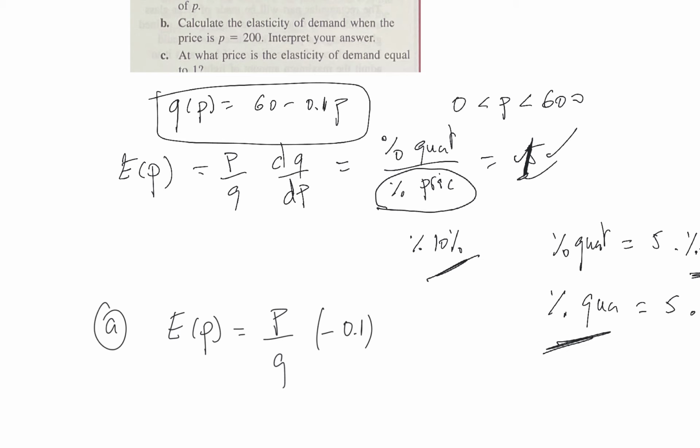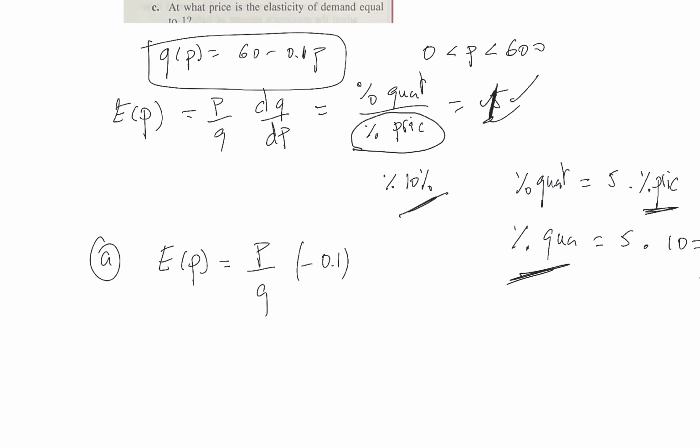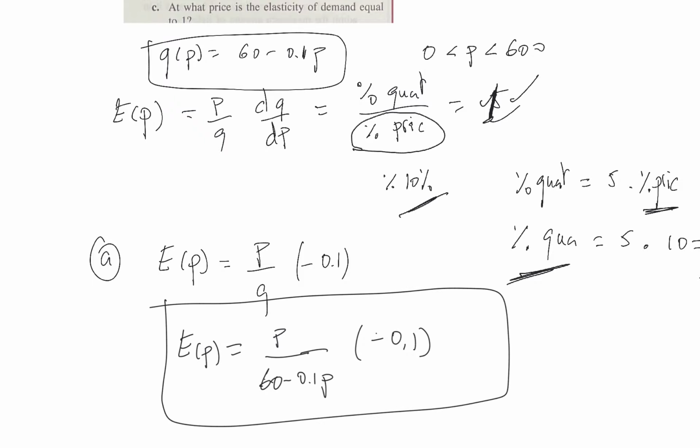But remember, in economics they always talk about the absolute value of E of P. So to give you a better expression as a function of P, E of P will be P divided by Q, 60 minus 0.1 P, multiplied by minus 0.1. And this is the solution for part A.